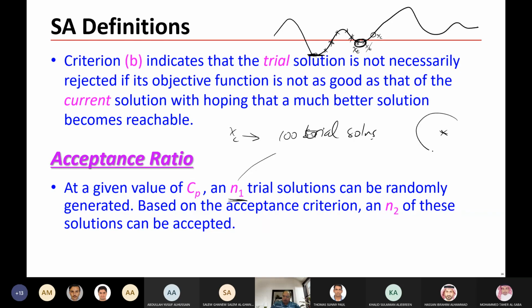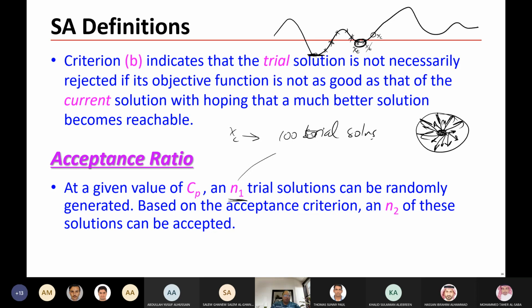This is the current, and this is the neighborhood. Of course, it does not have to reach the end of the radius, but you can have solutions here. So you generate 100 solutions around the current solution, and then you can see how many of these solutions will be accepted.